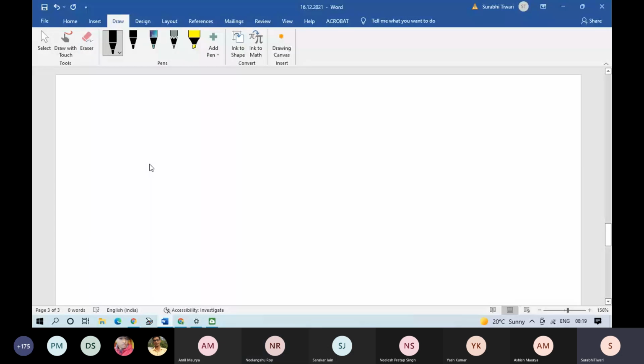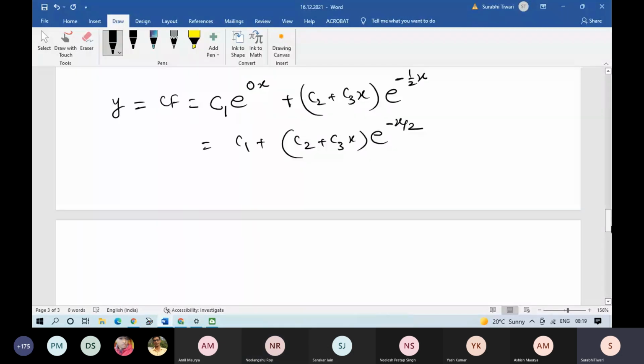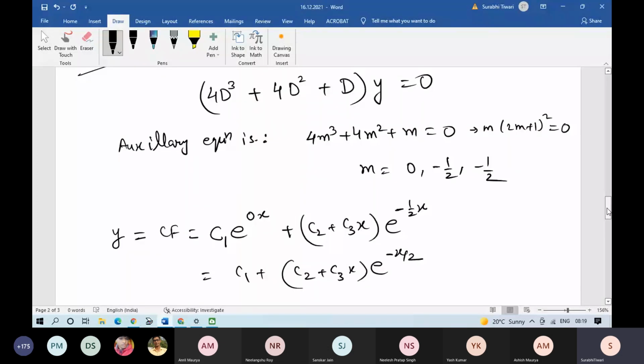Ma'am, look at the second question. These are distinct real constants. They are distinct, yes: two roots are equal, 0 and two roots equal to minus half. So for the two equal roots we have written c2 plus c3x, and for the distinct one, c1 into e raised to the power of 0 into x.